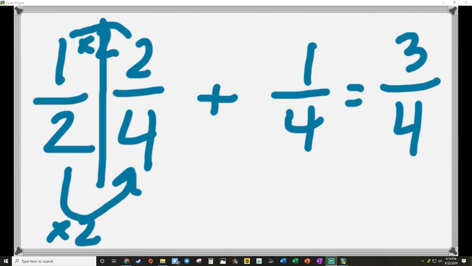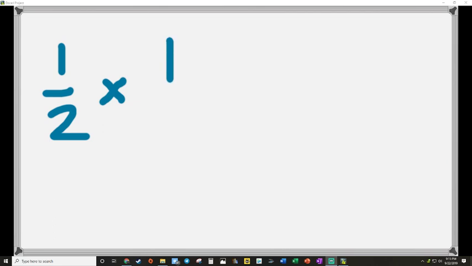Now, whenever you are multiplying or dividing fractions, you do not need to have a common denominator. For example, we are multiplying fractions. We'll just use 1/2 and 1/4 again.